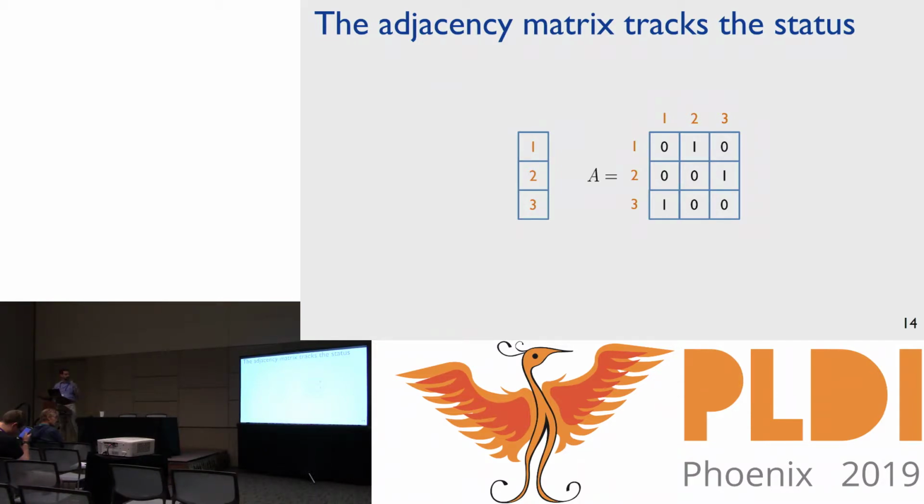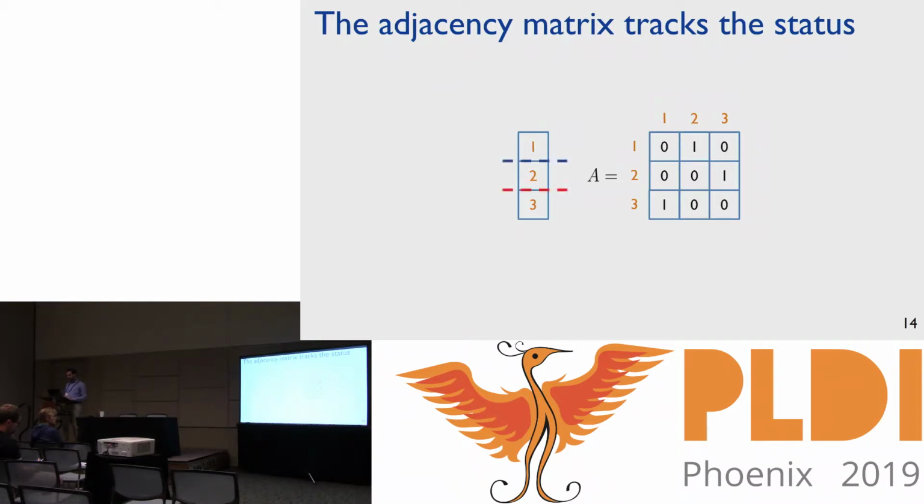Okay? So this is essentially the kind of information that we would like to permute. Rather than representing extra vectors to contain the labels of the nodes, as we use the adjacency matrix to progress through the graph, we could also maintain the order that we encounter while we sort the graph as part of the adjacency matrix itself.